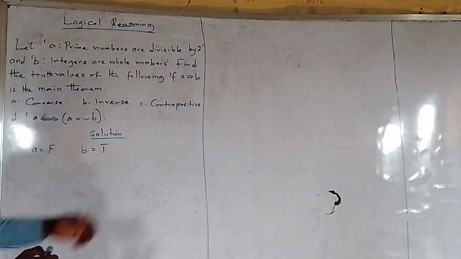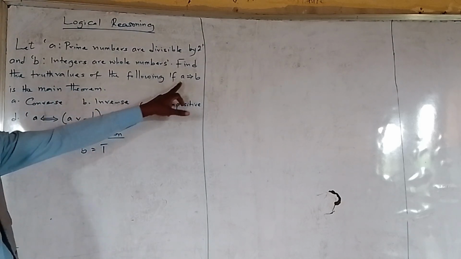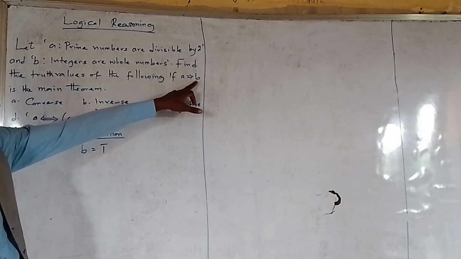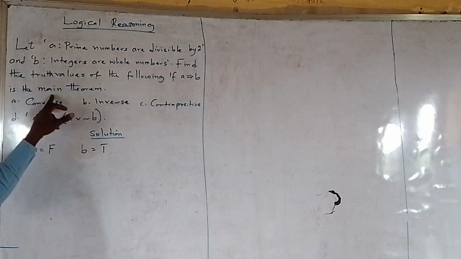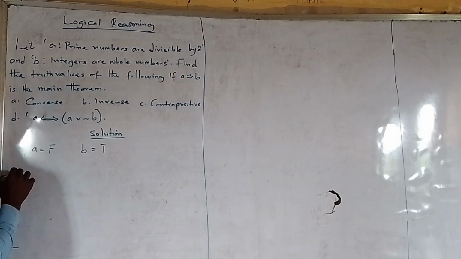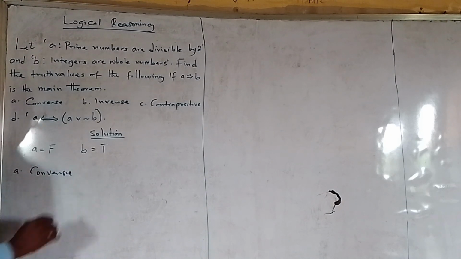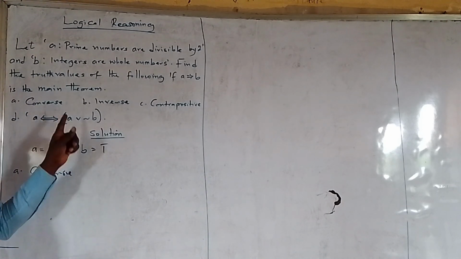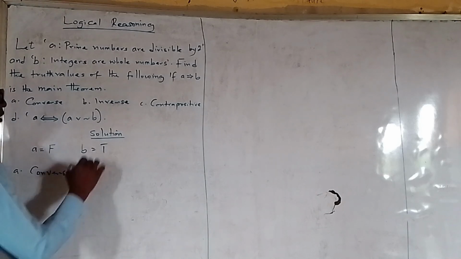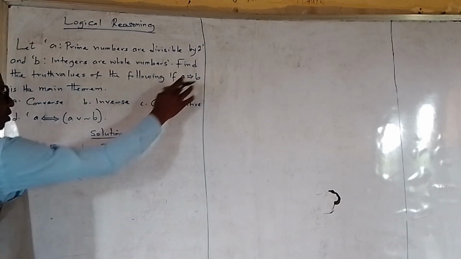Okay, so now the question asks us to find the truth values of the following if A implies B is the main theorem. Now let's look at the first one we have here: converse. What is the notation for converse? If this is the main theorem, converse is just going to be the reverse of this.